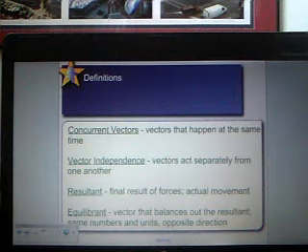The next thing is a resultant. A resultant is the actual movement. If you combined all of the vectors that were happening and you actually did them simultaneously or concurrently, what way would the object move, or how would the object actually be affected? It's the result of those things happening simultaneously.